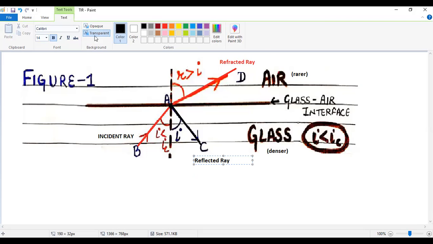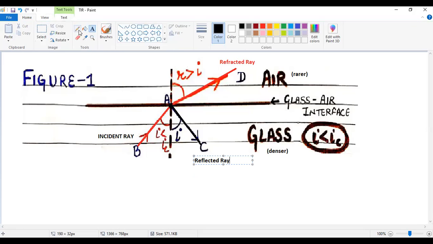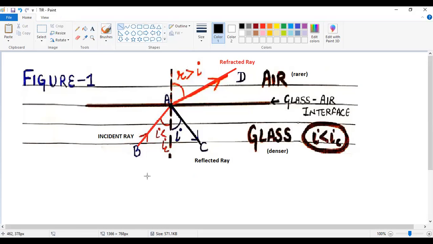And here in this case, our angle of incidence was less than critical angle, and this angle made by refracted ray and the normal is known as angle of refraction.